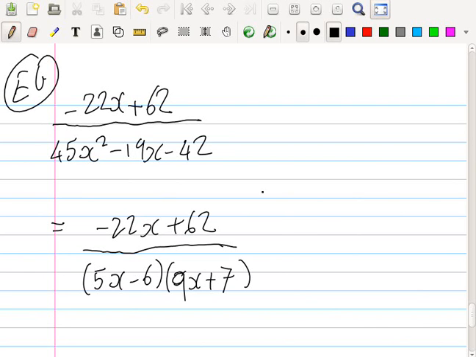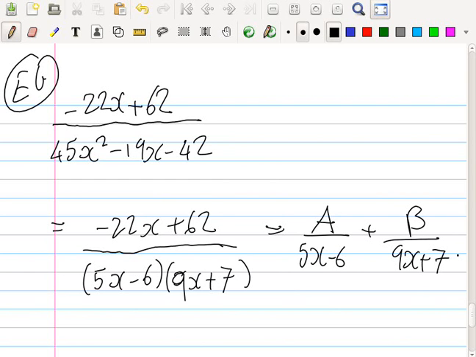And now we know that this should equal a over 5x minus 6 plus b over 9x plus 7. And we are looking again for the a and the b.